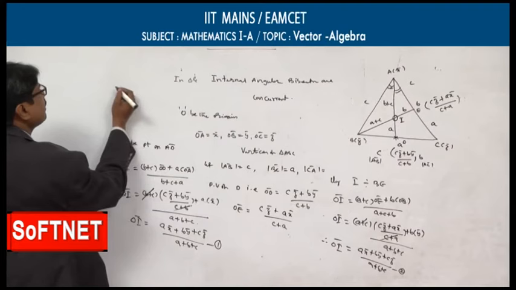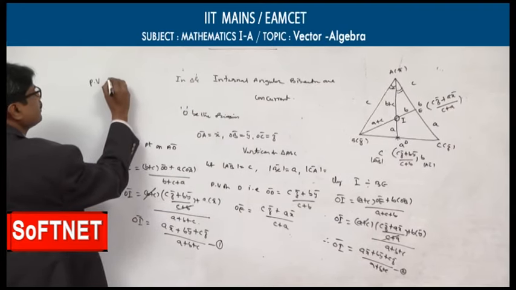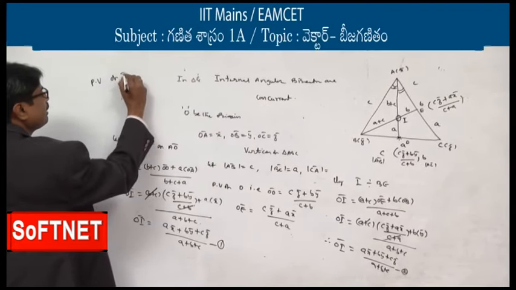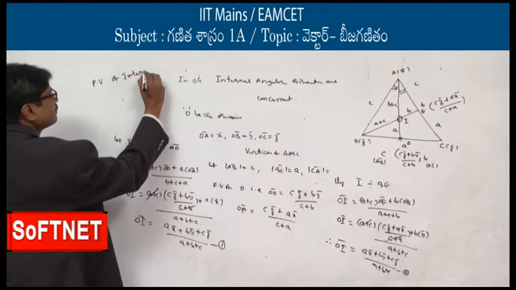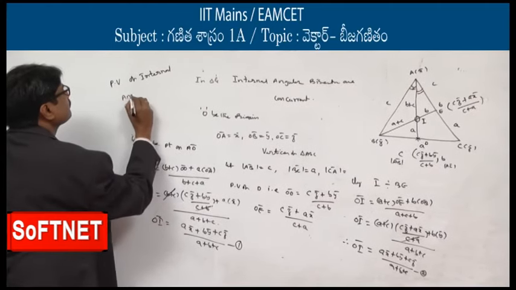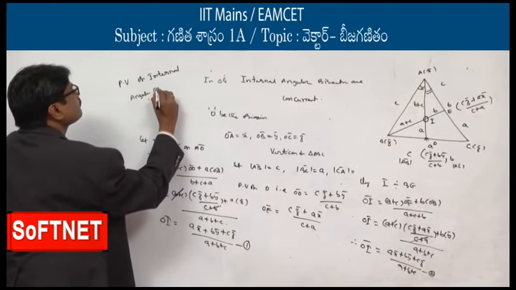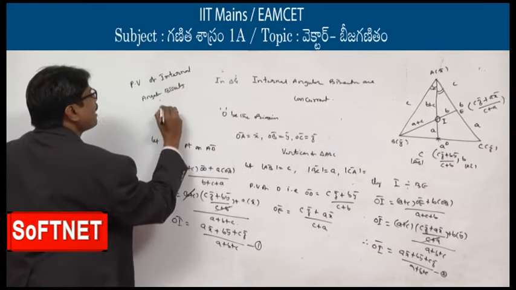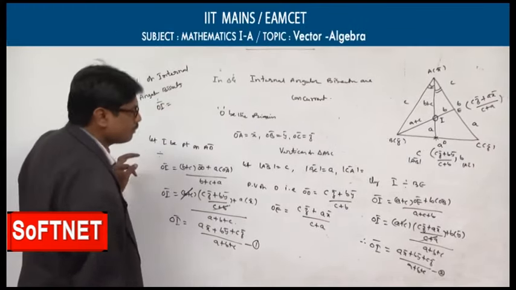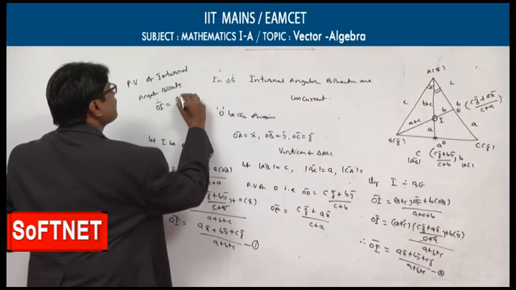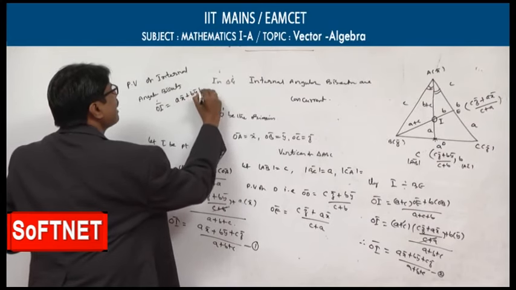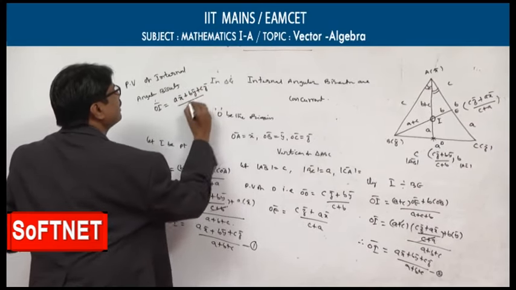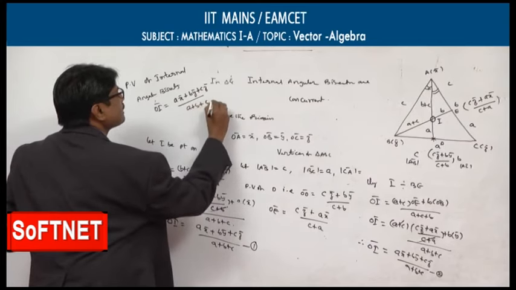The position vector of the incenter OI bar will be equal to A times X bar plus B times Y bar plus C times Z bar divided by A plus B plus C.